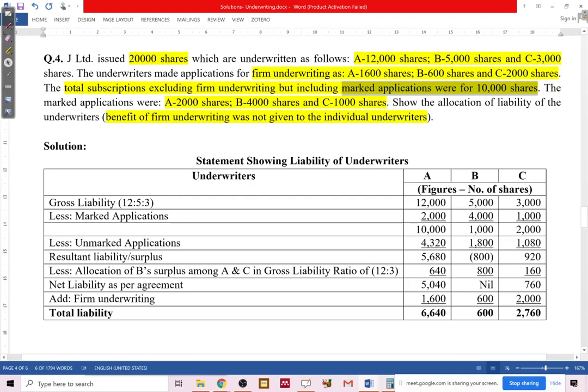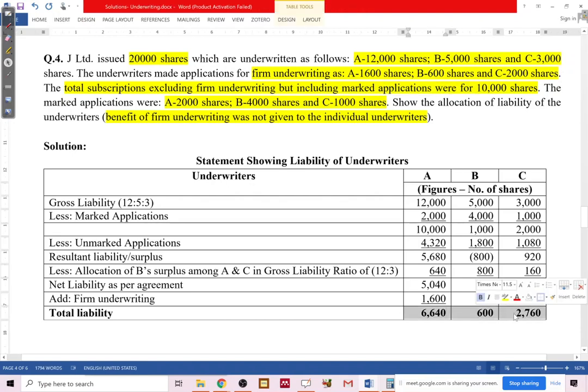Okay, so difference is how much? Issued minus received is 10,000. That means this is the total 10,000 which the underwriters would take, and out of these many were definitely taken as firm underwriting. Is that clear? This is the amount that they had taken.